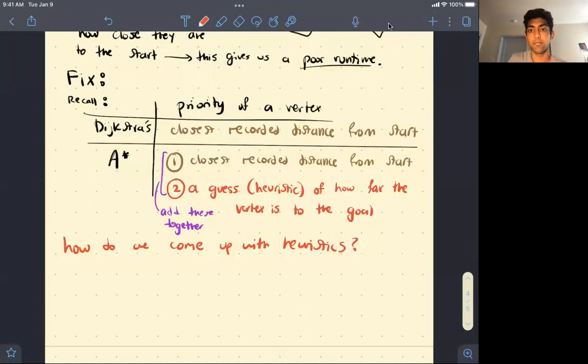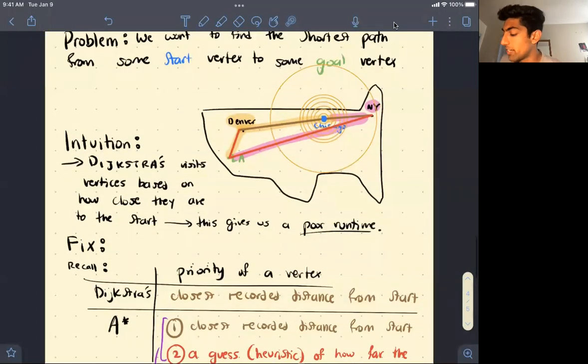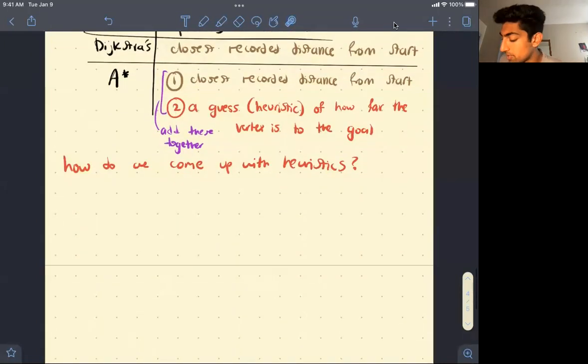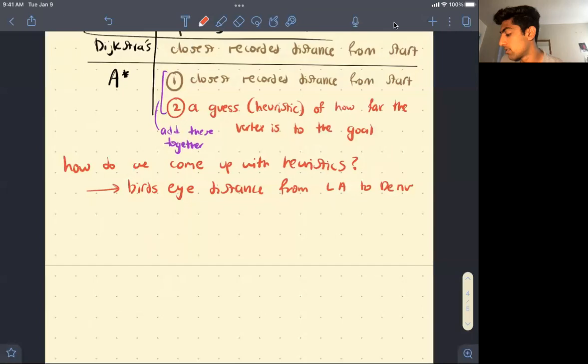In this case, a possible heuristic we could use from going from Denver to LA is the bird's eye distance. Since we know the latitude and longitude of LA, we could just ask what's the bird's eye distance from LA to Denver? So that's one metric we can use.